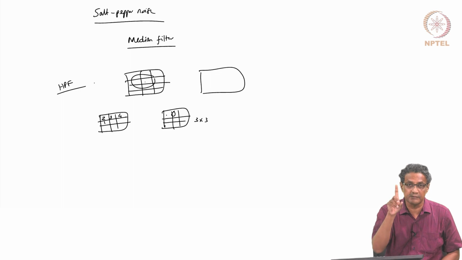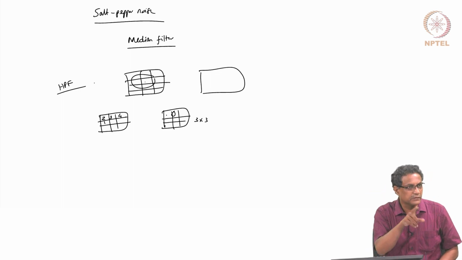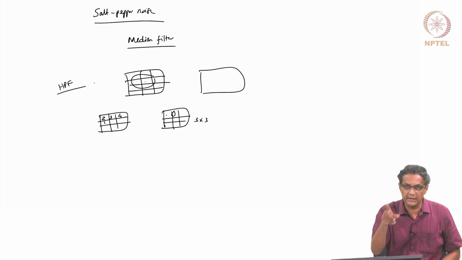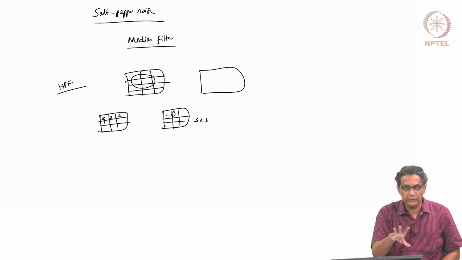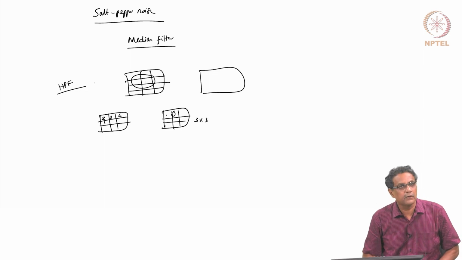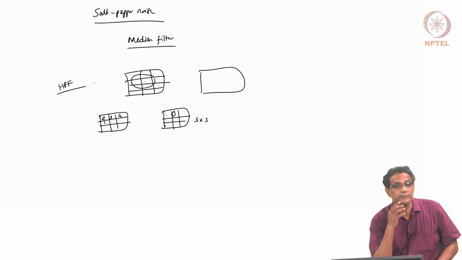What would a high pass filter have done? If you are doing a convolution, that would have simply picked up a 0. We saw the sum of the weights for a gradient filter is 0, or a Laplacian for that matter is 0. So anytime you apply it on a place with all the same values, it will always output a 0. How will I make a median filter act like a high pass filter?